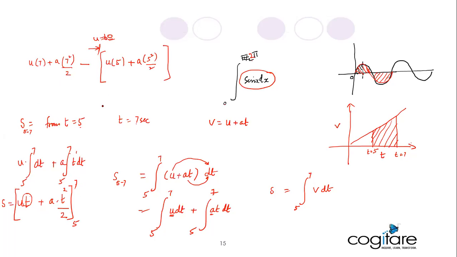This is the definition of applying the boundaries. You substitute the top boundary first, then do minus, and then do the bottom boundary. Did you understand this?